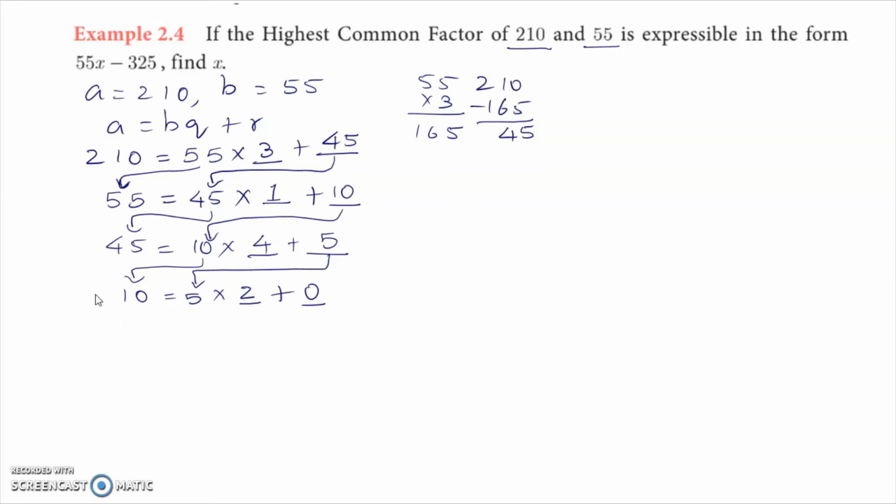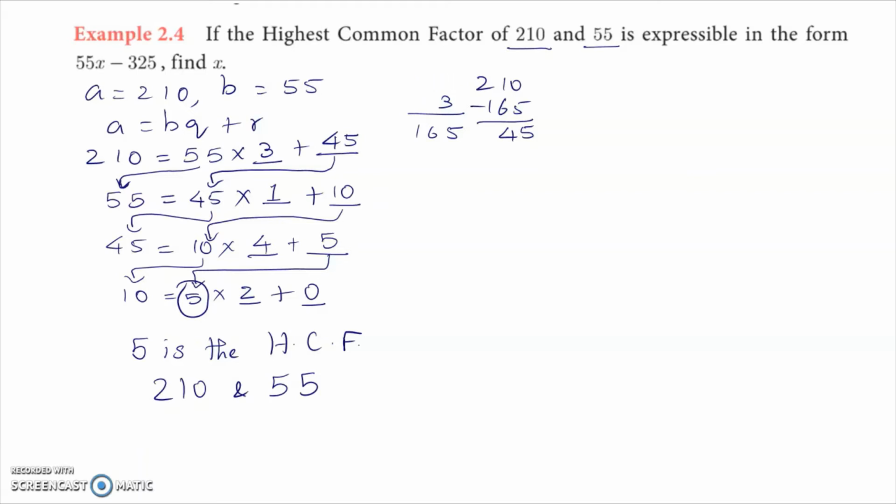Now we can establish that 5 is the highest common factor between 210 and 55. Now what are we expected to find?